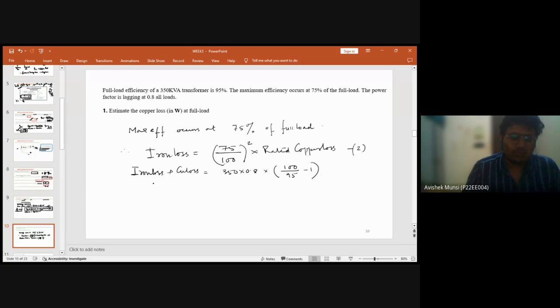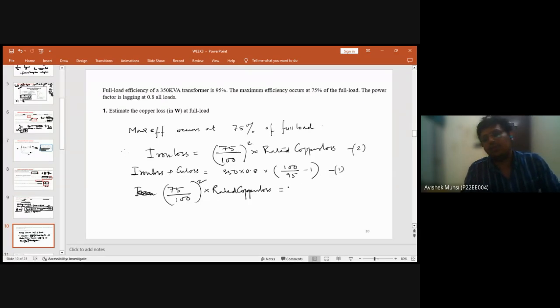From 1 and 2, the iron loss will cancel out, so this loss at 75% must be equal to the total loss.